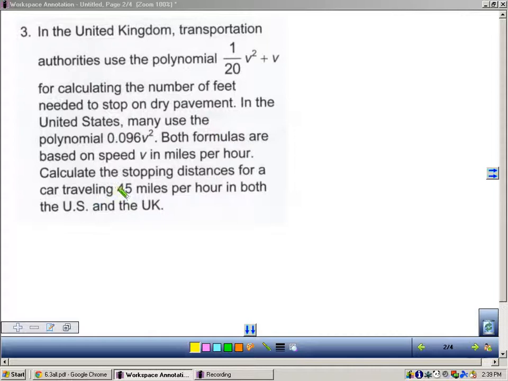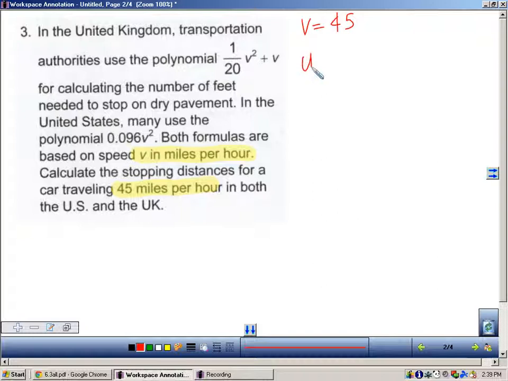So this 45 miles per hour, that's what we call v, velocity or speed. And so let's write that down. The velocity of the object is 45 miles per hour. Now, in order to find the stopping distance, what I will write is the UK stopping distance formula is equal to 1/20 times v squared plus v, where 45 is v.